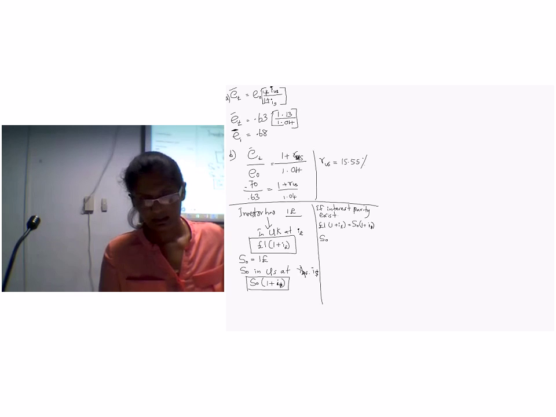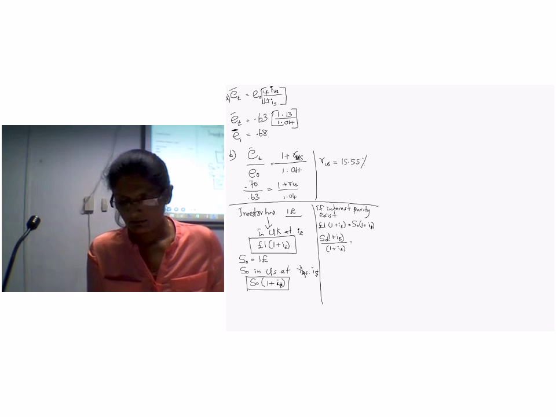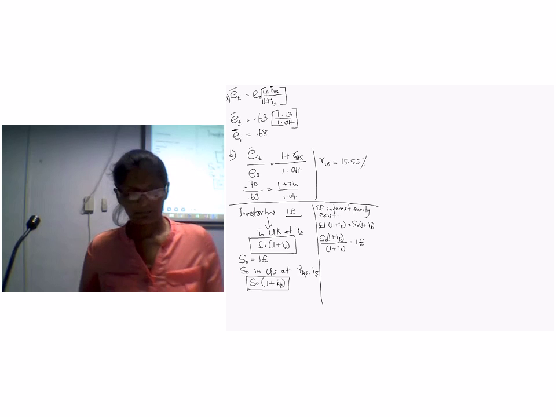S0 is the spot rate, and we have 1 plus I dollar, divided by 1 plus I pounds, right? This is equal to 1 pound, right?